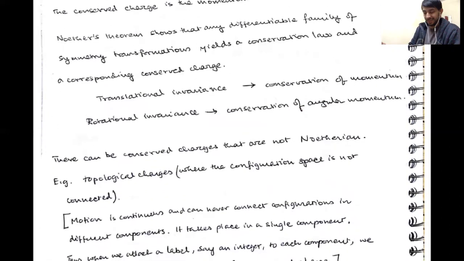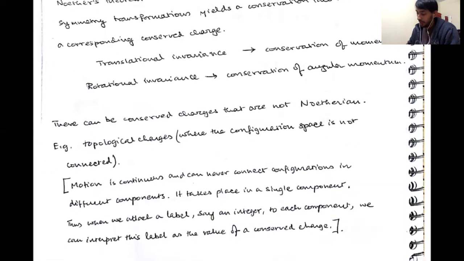Funnily enough, let me just end with this. There can be conserved charges that are non-Noetherian. For example, there are things called topological charges. These appear when you have configuration spaces which are not connected.